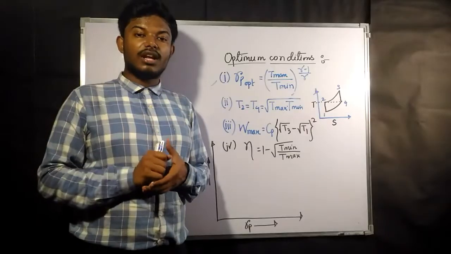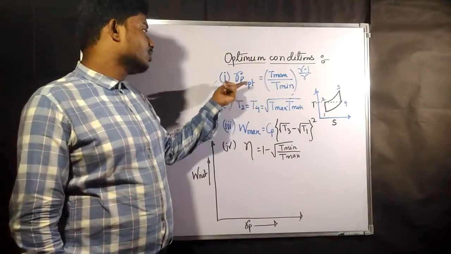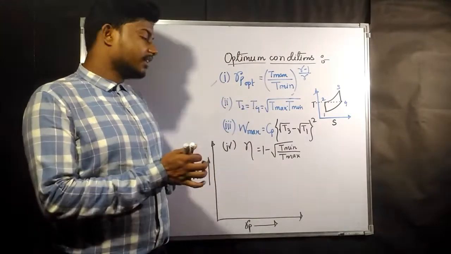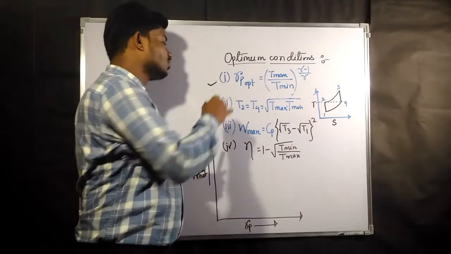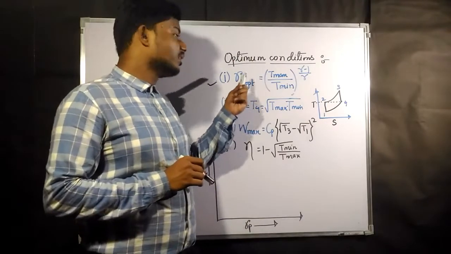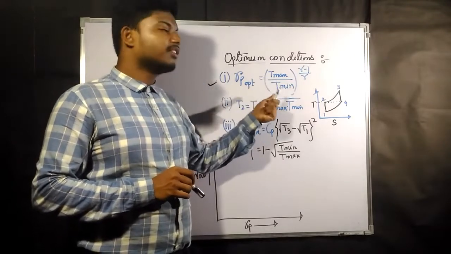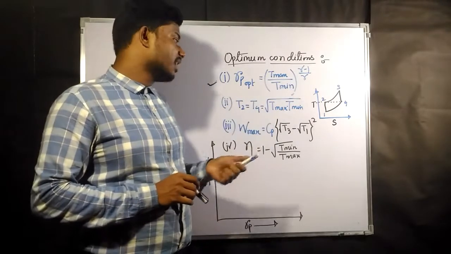Now we are going to see what are the optimum conditions we have found out till now. The first thing we have got is the optimum pressure ratio. For net work output to be maximum, the optimum pressure ratio is going to be Tmax by Tmin to the power (gamma minus 1) by gamma.